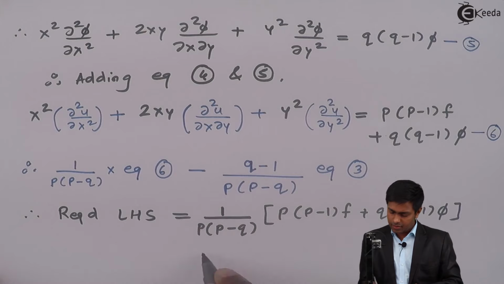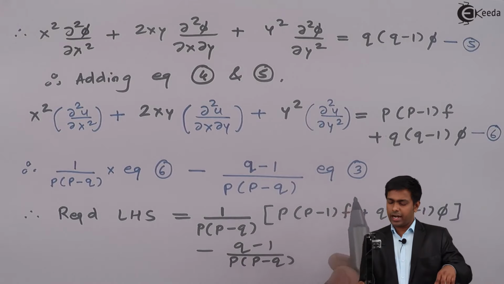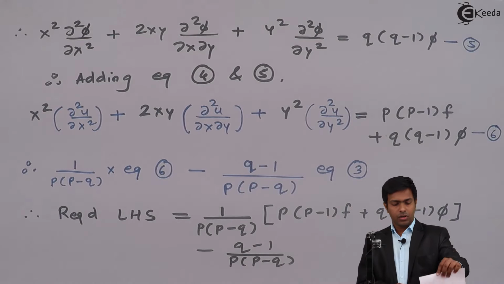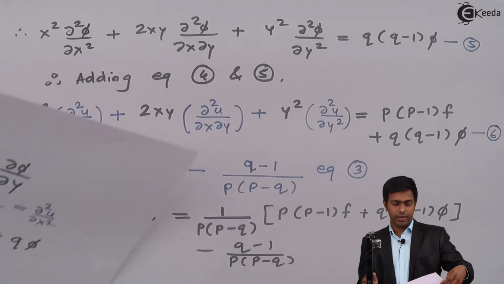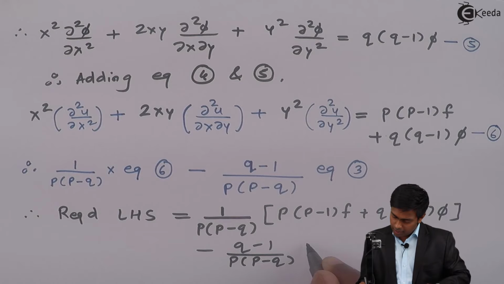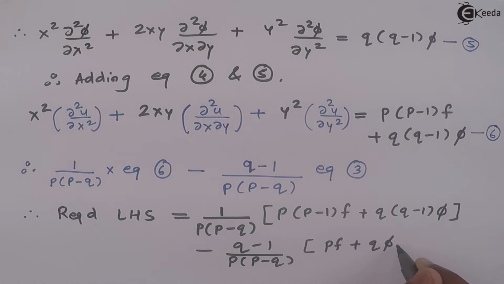Again minus q minus 1 upon p into p minus q into right hand side of equation number 3. So here the right hand side of 3 is pf plus qφ. So here in the bracket we will get pf plus qφ.